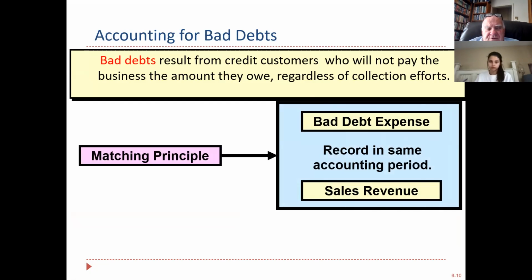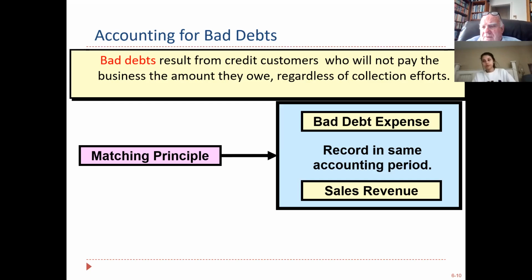We are going to have to use the matching principle to say, we had sales this month. We had accounts receivable this month. And we know that some of those sales and some of that accounts receivable will not be paid in the future. We have to guess now what that future number is, believe it or not.